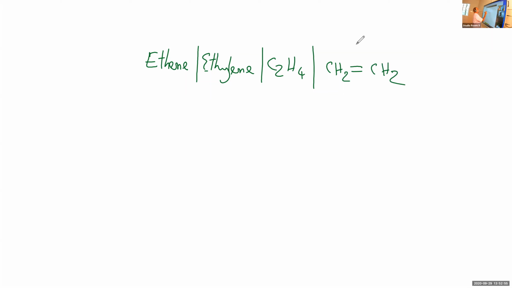That is our ethene or ethylene molecule. In the ethene molecule, both the carbon atoms have sp2 hybridization.